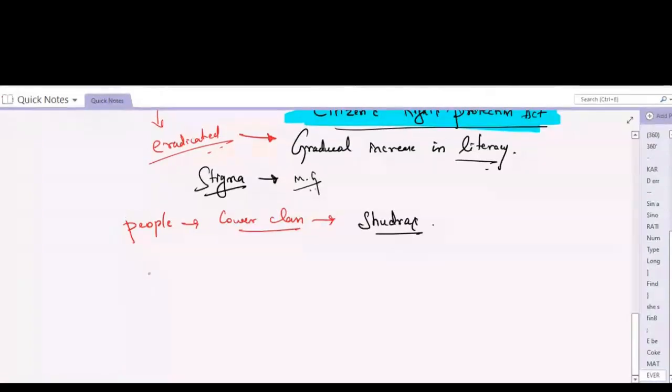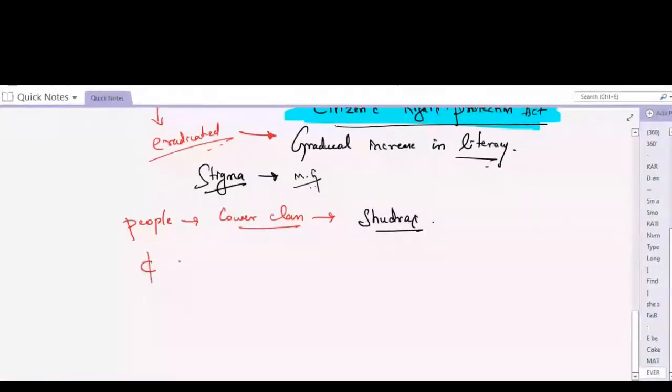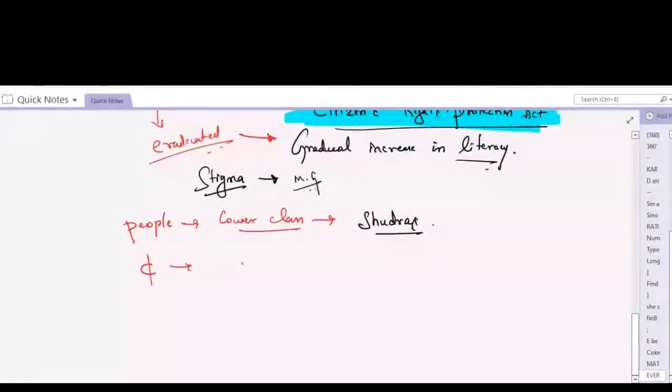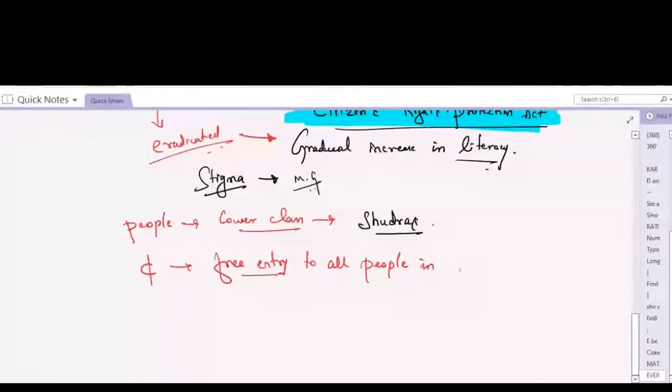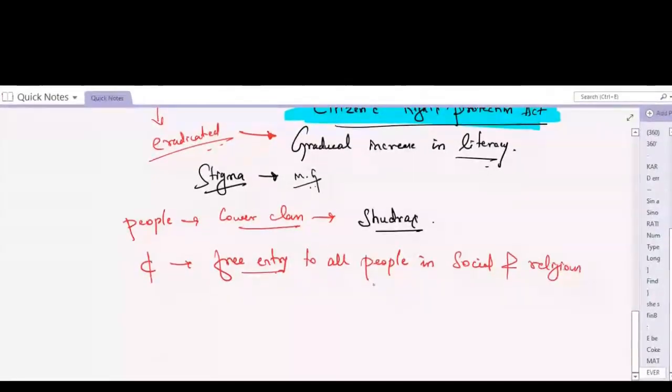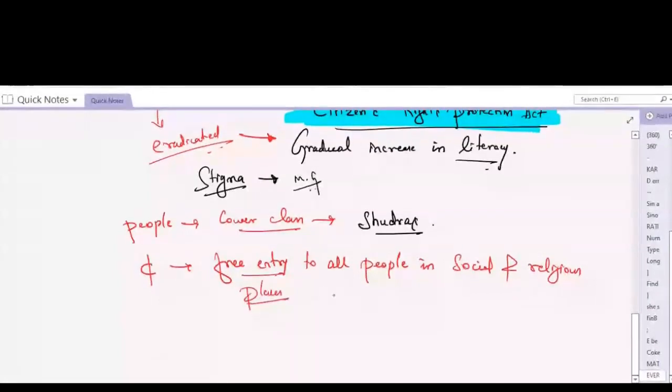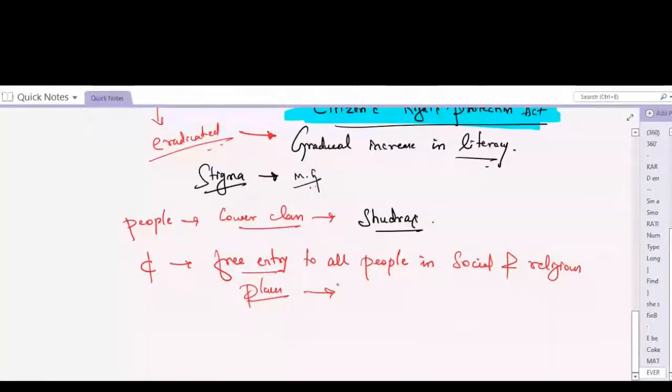Next question. Which section of our constitution guarantees free entry to all people in social and religious places? Which section of the Indian Constitution guarantees that you can go to any religious place? It should not be that Muslims cannot go into the temples, or Hindus cannot go to the mosque.